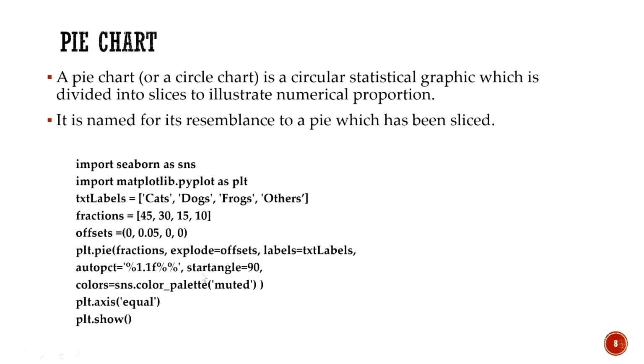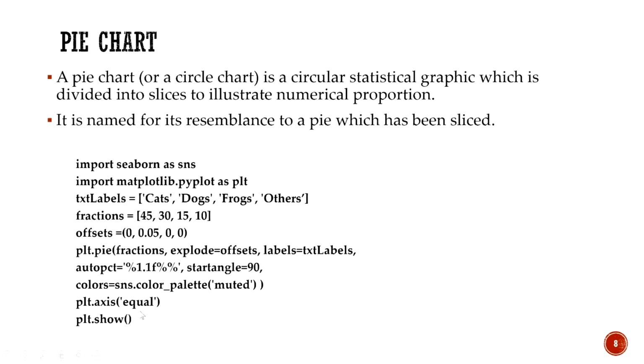The other argument is the start angle. So here the start angle is 90 degrees. And you can define colors. So here, to define colors, we use color palette under Seaborn library. And there are different color themes. We go with muted. And then we show the result.